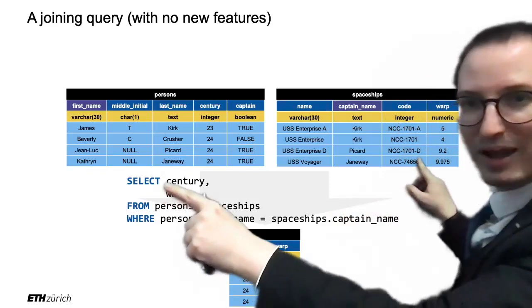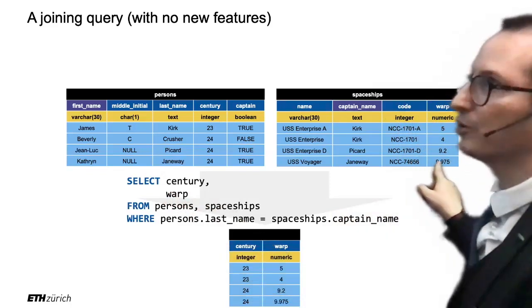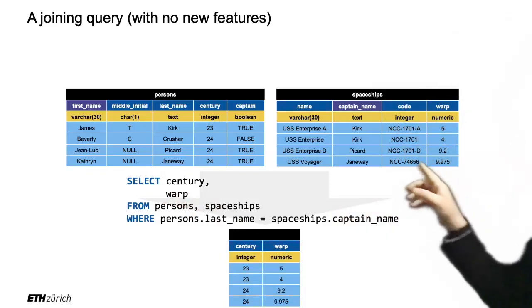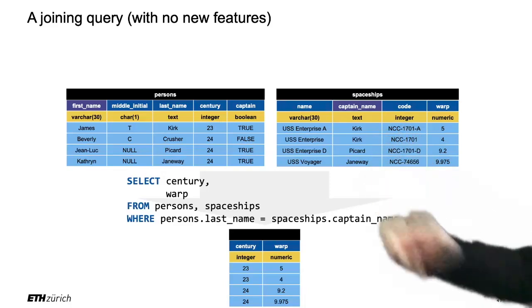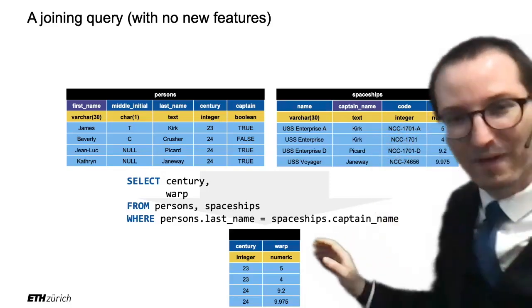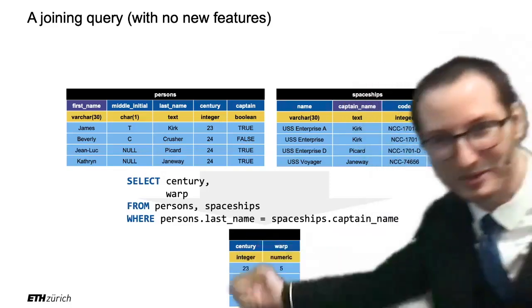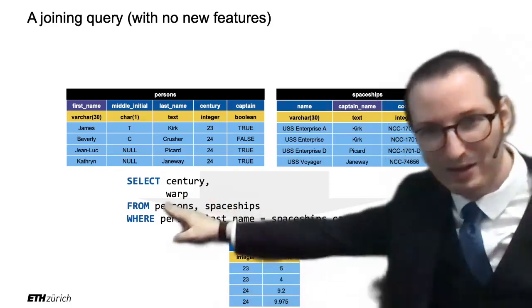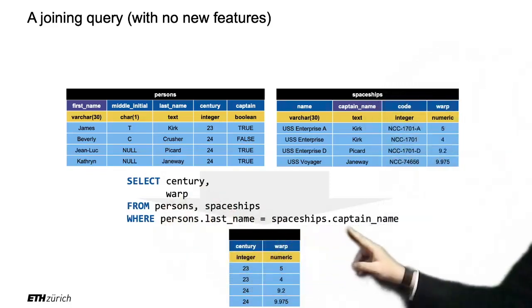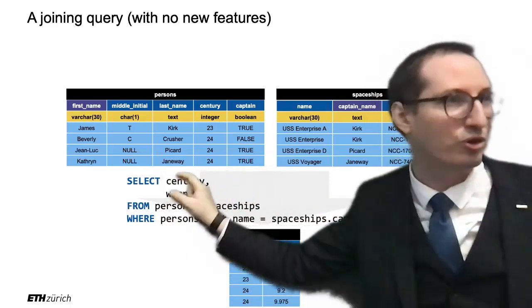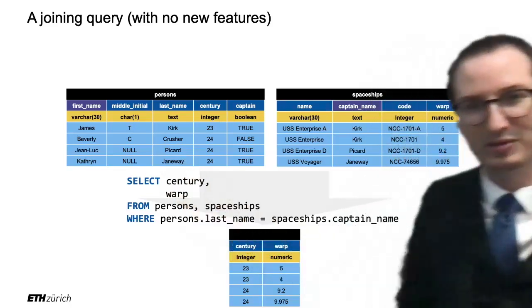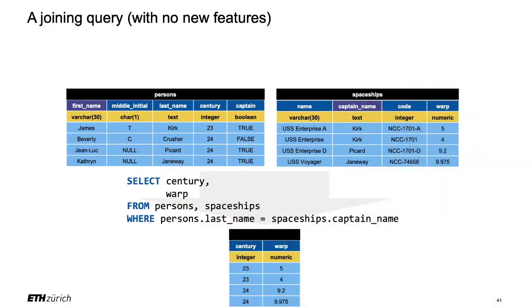And then Janeway, that's even later, the warp is 9.975. There's even an episode in which there's a warp of 10, and then they go back to the origin of the universe somehow. But anyway, this is what you get. Cartesian product, followed by selection, followed here by a projection. We don't have to, but this is what we did. For whom is that clear? Okay. So this is the first way you can do a join.